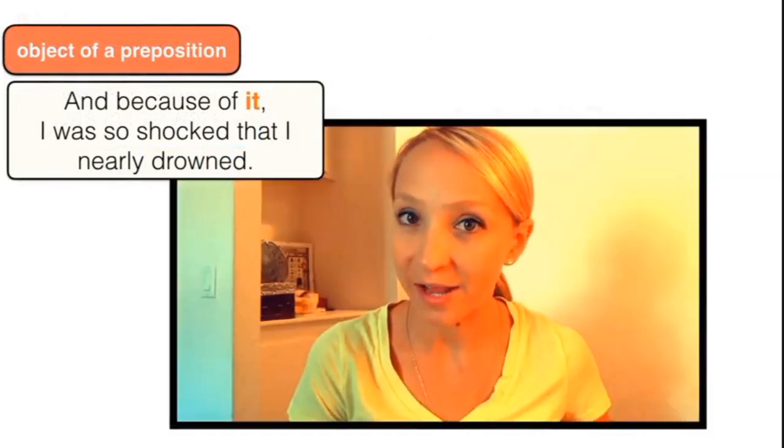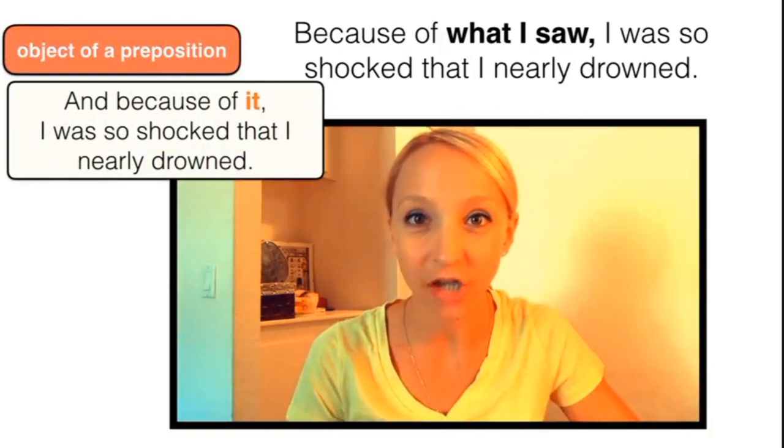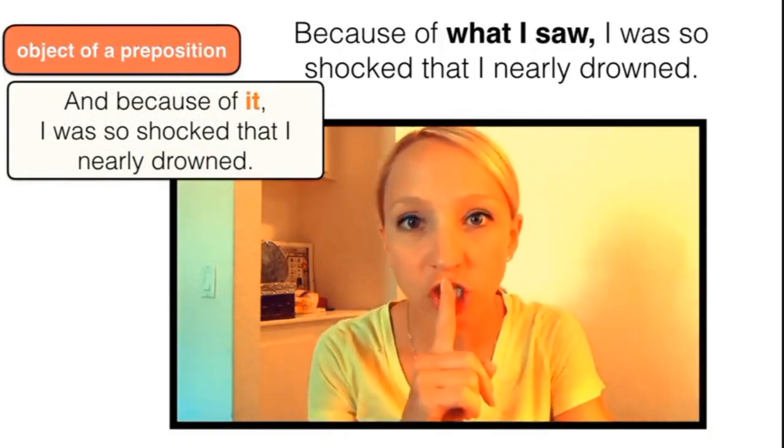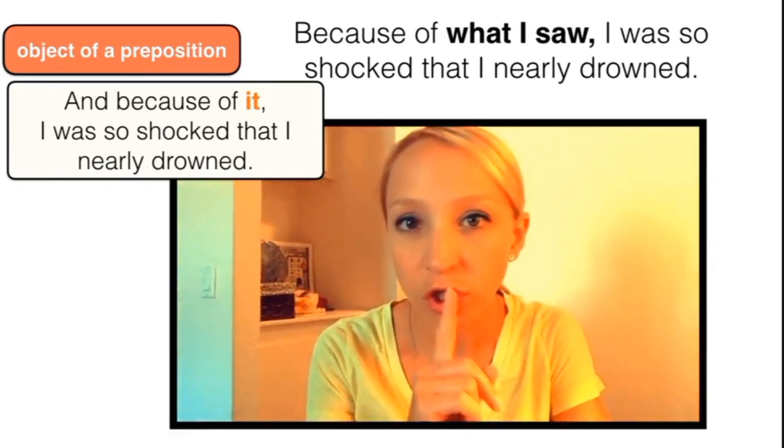And because of what I saw, I was so shocked that I nearly drowned. Okay, in this example, we can see how the noun clause, what I saw, is performing the job of an object of a preposition.